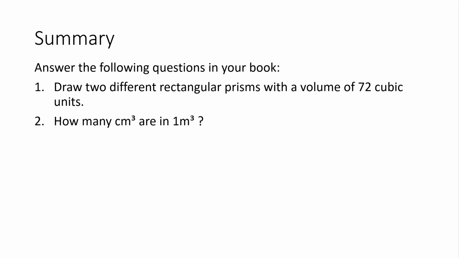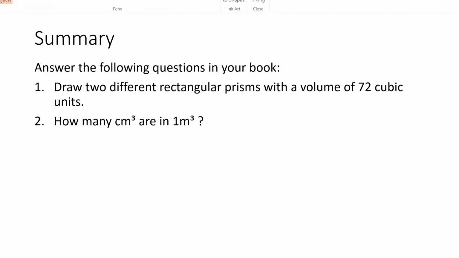Okay, so just to finish up, you've got a couple of summary questions. The first, I'd like you to try and draw 2 different rectangular prisms that have a volume of 72 cubic units. And the second is, I want you to convert between centimeters cubed and meters cubed.